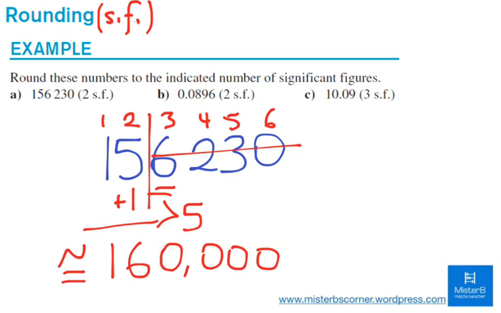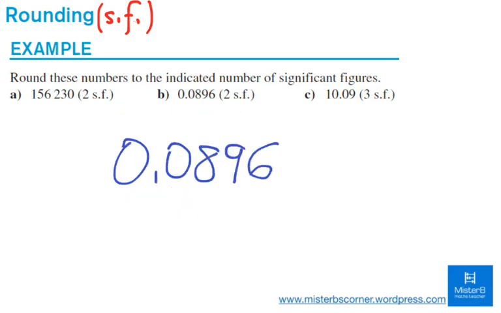In the second one, the question says round to two significant figures. Now, we do not consider leading zeros as significant figures, so I have to go like 1, 2, 3 as the significant figures. So it says two significant figures, so I have to cut it from here.